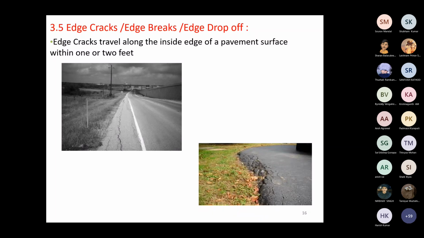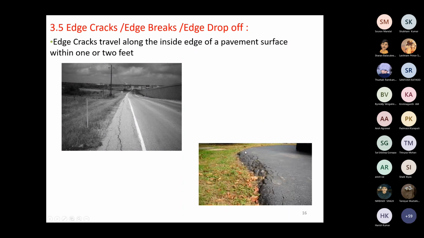Then edge cracks, edge breaks or edge drop-off. Edge cracks travel along the inside edge of the pavement surface, within 1 or 2 feet. You can see cracks on the pavement edges alone. If you are not compacting properly, the problem here is sometimes that your compactor or roller might not be able to reach the edges.